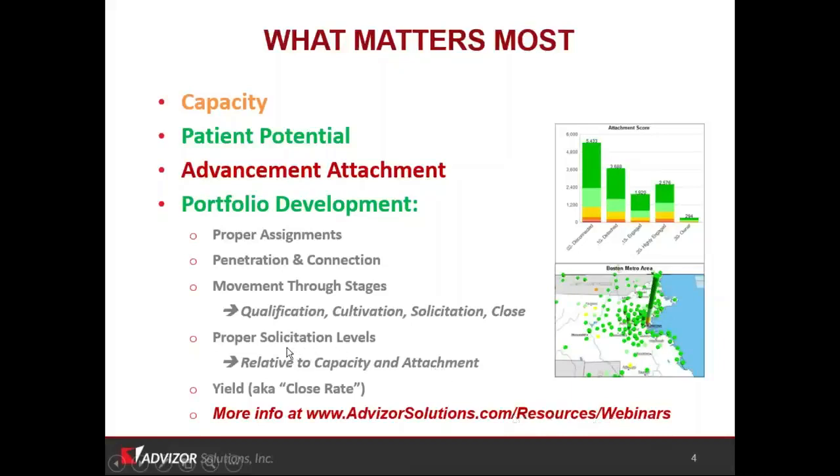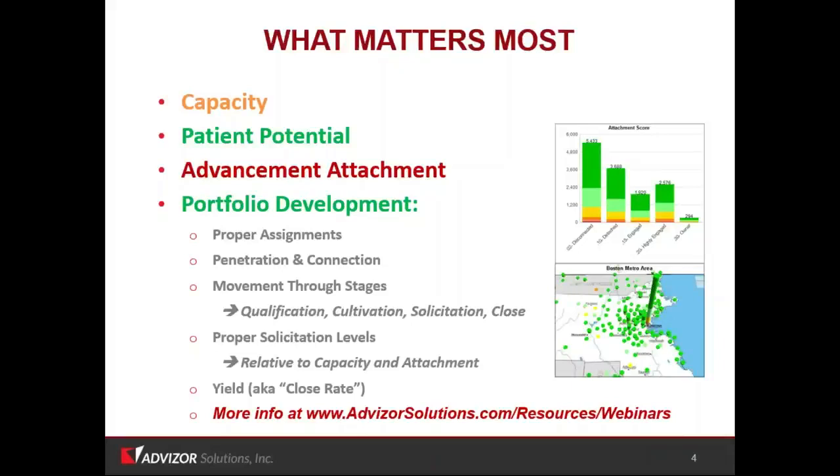The next level in managing the portfolio is proper solicitation levels. And I was just at a conference, and there were like 40 people, and I asked them, how many of you evaluate the level of the ask relative to the capacity and engagement of the prospect? And like nobody put their hand up. Yet if this was industry, price points and proper solution pricing is really important.